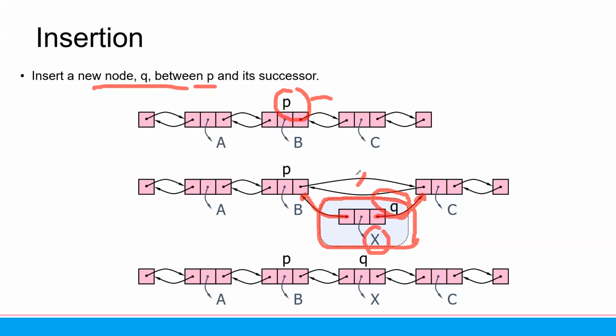Then we remove the link from P which connects to C, and we also remove the previous link of that node. So the new list will look like this. The steps are just to cut the links and then insert the new links to the other nodes.